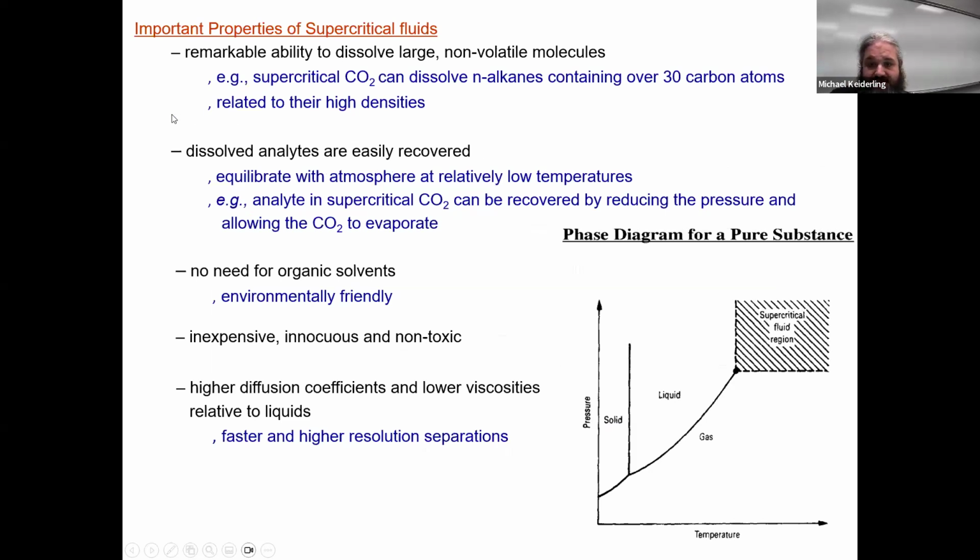Some of the nice properties of supercritical fluids are that they're remarkably able to dissolve large non-volatile molecules. Supercritical CO2 can dissolve n-alkanes containing over 30 carbon atoms. This is related to their high densities.